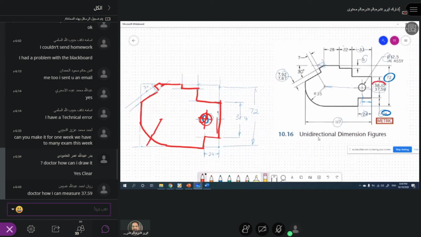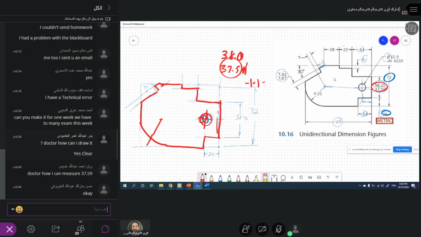If it is 38.1, just put 38.1. If 0.1 is very difficult, you just put 38.0. It's fine. If it is 37.59, leave it, just put 37.5. If it is between 37 and 38, then mark it in between, that is 37.5. Then 7.92, make it 8.